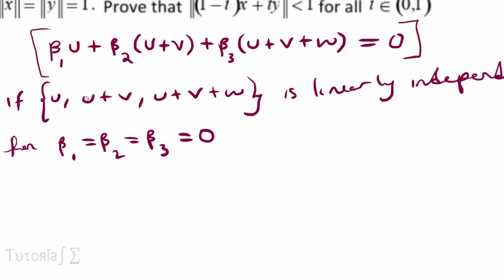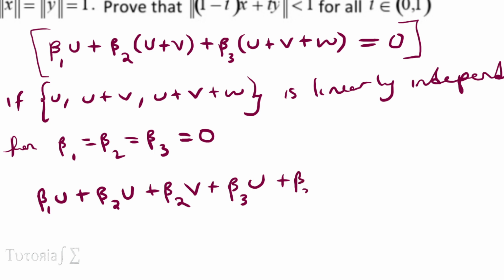So here, when we multiply this, that will be beta 1 u plus, when we multiply this, beta 2 u plus beta 2 v. When you distribute here, we're going to have plus beta 3 u plus beta 3 v plus beta 3 w. This should be equal to 0. So we group those with the u's alone, and those with the v's alone.